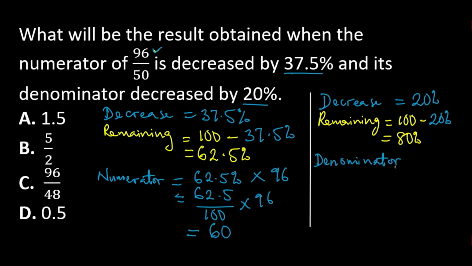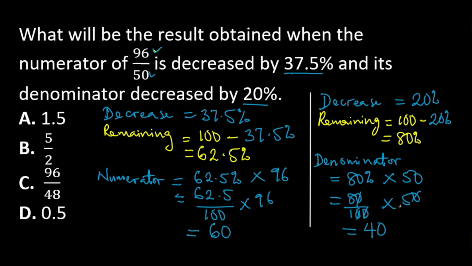So to get the denominator now, the remaining one in the denominator, we'll say that 80% of 50. So we have 80 over 100 times 50. You cut this, so it equals 40.